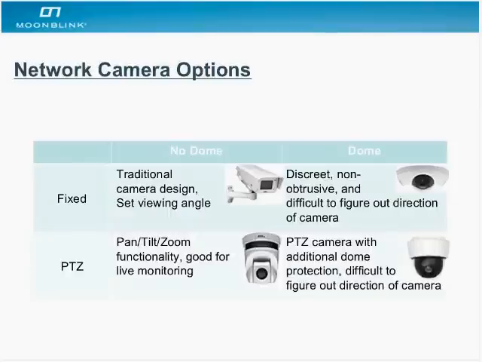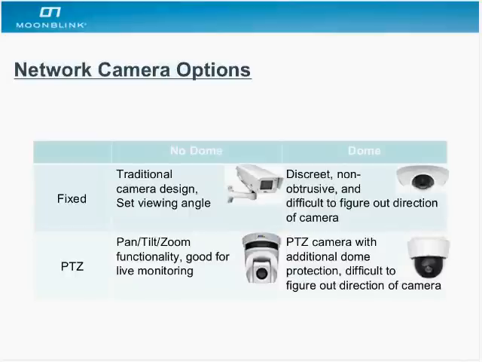And then you've got your PTZ version, which essentially allows you to take the lens and move it around. You can pan it across left and right, so if something needs to get your attention that you can't see, you can move over to it and zero in on it. And you can also go up or down, so you can do tilt. And then you can zoom in if you need to as well, so there's some more functionality there.